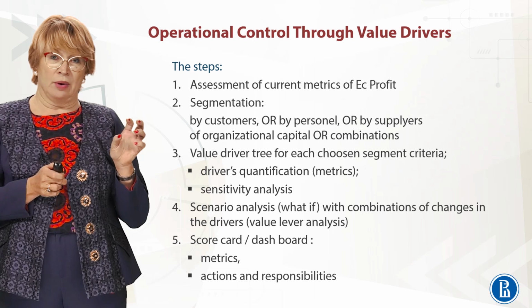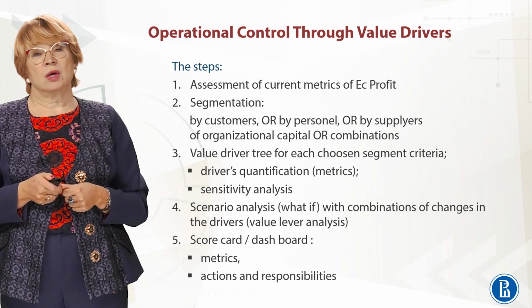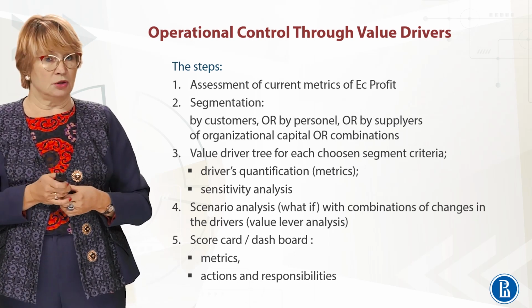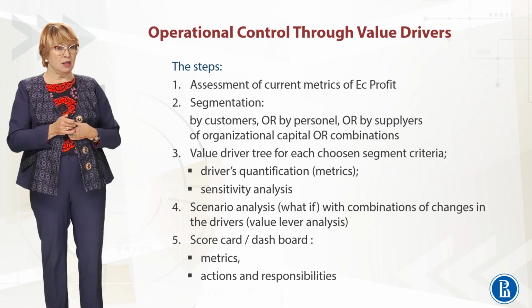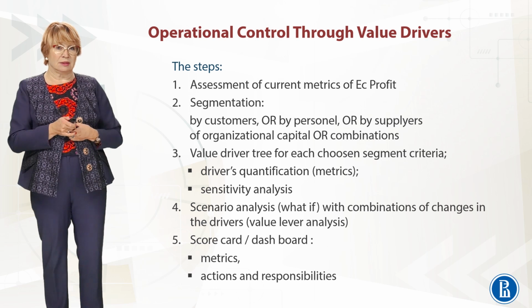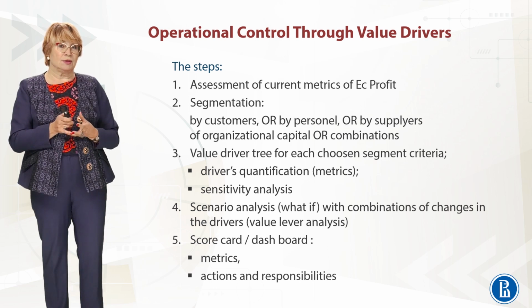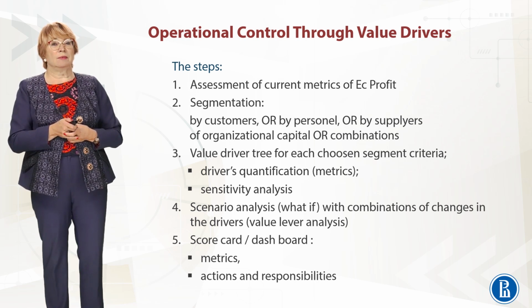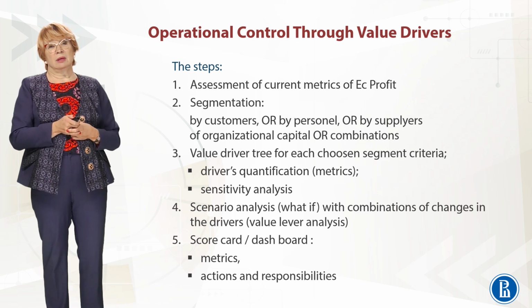You may focus on one dimension among those or on all their combinations. Step number 3 is related to the metrics which will describe in detail this chosen segmentation criteria from step number 2. You are going to quantify, to provide some metrics for the particular modification.